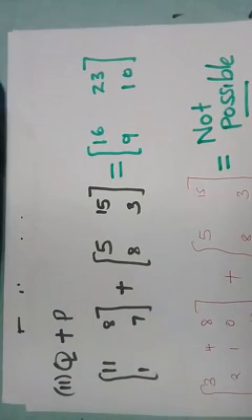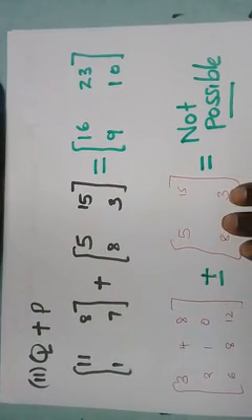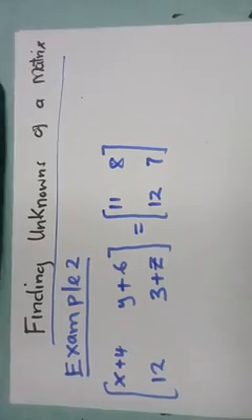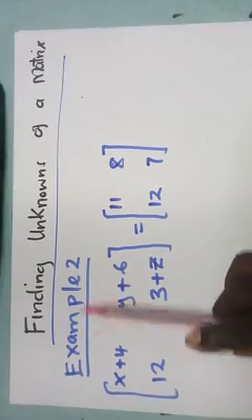Addition and subtraction is not possible when these matrices belong to different orders. Therefore, we cannot proceed because those matrices don't belong to the same order.